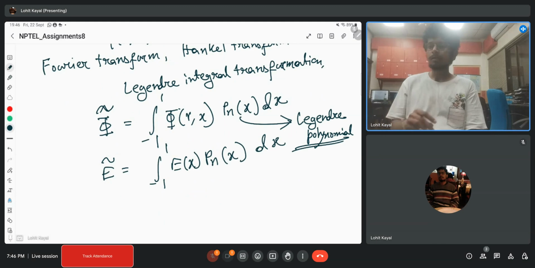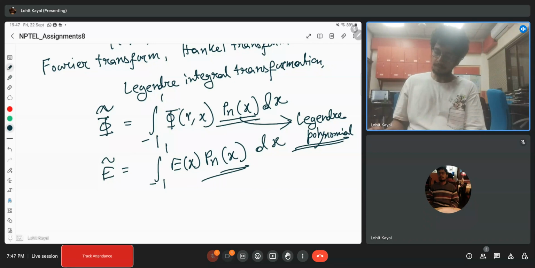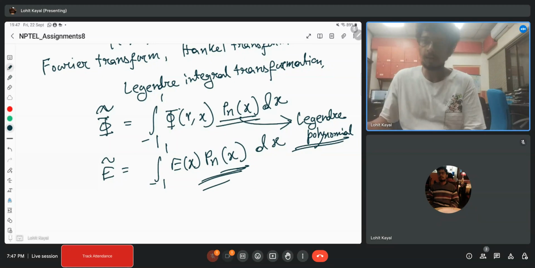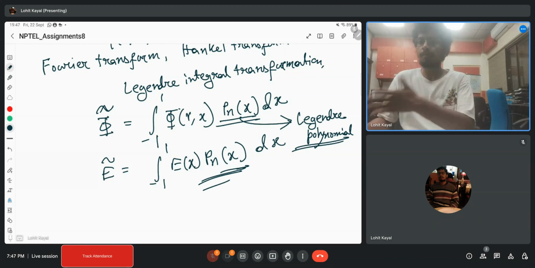Okay, if you see any math book, you will find all the expressions regarding the Legendre polynomial. P1, P2, P3, they all have different kinds of expression.